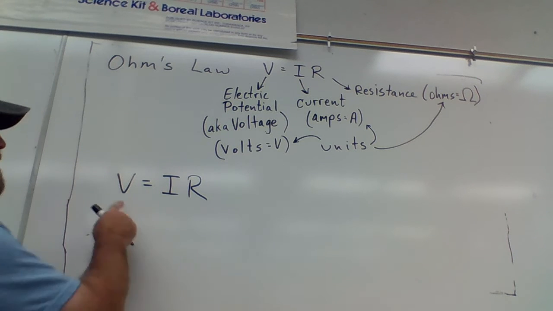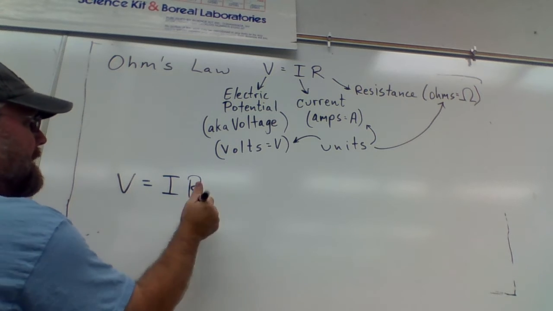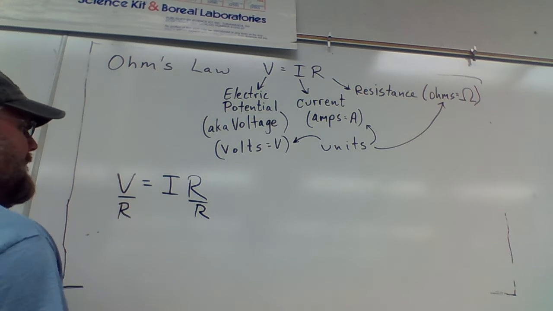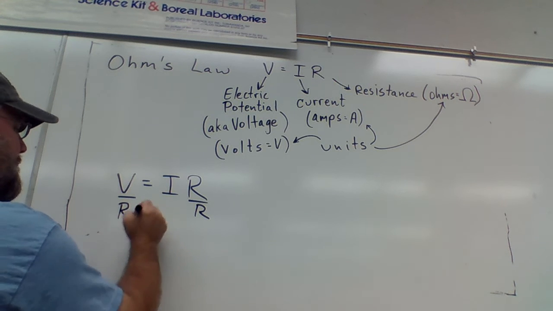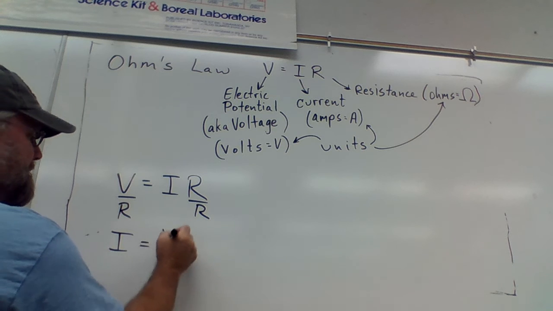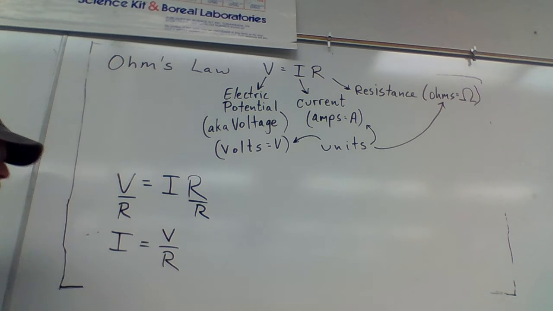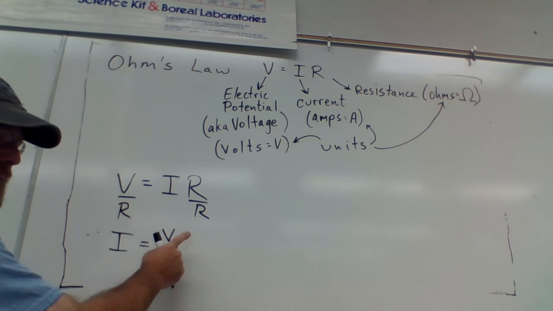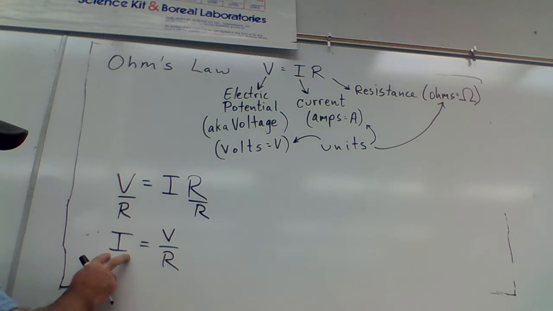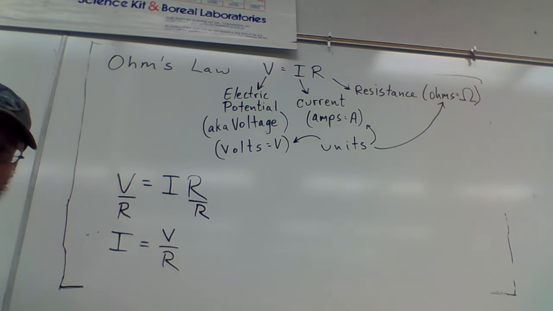So if I wanted to find I, I'd have to divide off R from both sides. And we see then that mathematically this turns into I equals V divided by R. Then given the voltage and the resistance, again, the volts and the ohms, I would be able to solve for the amps or the current.